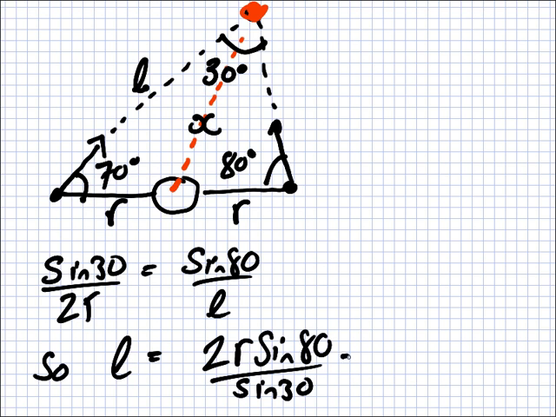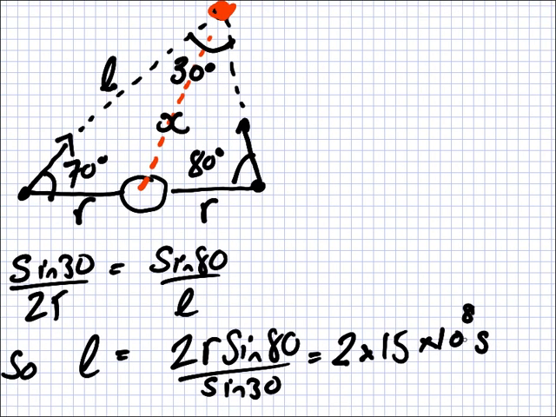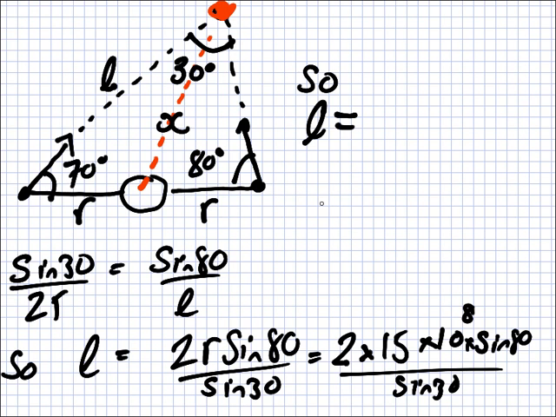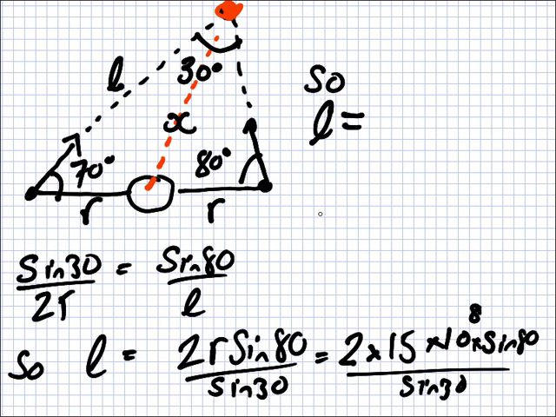So that's 2 times 15 times 10 to the 8 times sine 80 over sine 30. So we have our L now. Once we type that in, please, what do we get? I would imagine it is a big number.